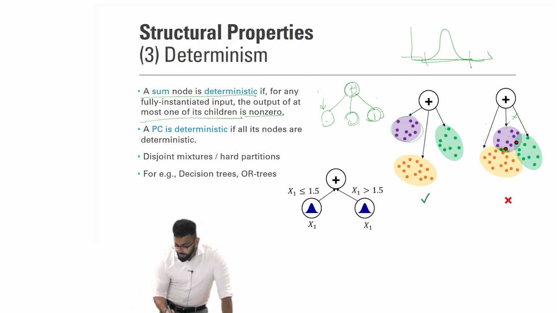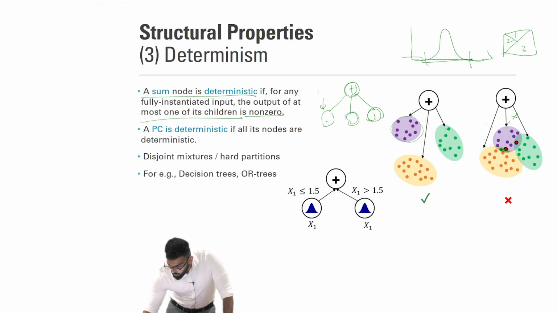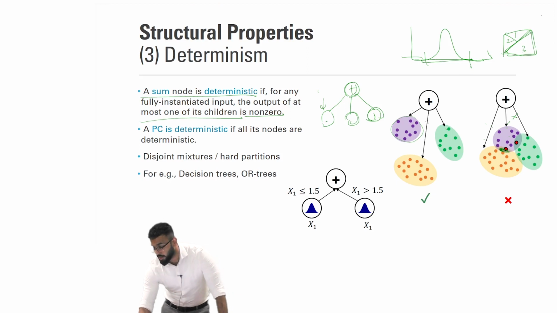But think of a mixture that has disjoint support. It's more like partitioning the space. Let's say you have a partition like this. You have mixture 1 here, mixture 2 here, mixture 3 here. For regions outside this particular triangle, the probability for this mixture is 0.